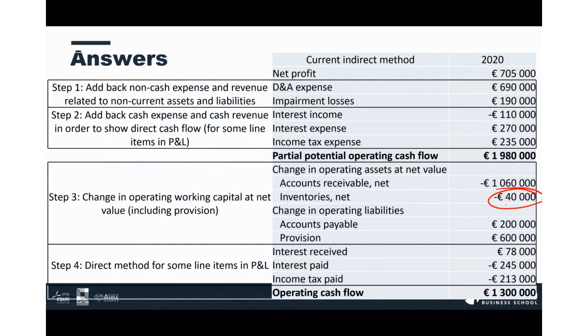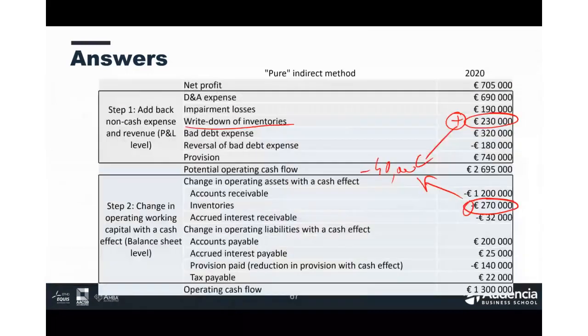This is not the cash impact of the increase in inventory. The cash impact is more than that. The cash impact is more in this one, or in the 270,000 minus the increase in DNA inside inventory. So the real cash impact is 220. So it's more than just the minus 40 because we spend for the increase in the inventory, but at the same time, we have a reduction in value of inventory.